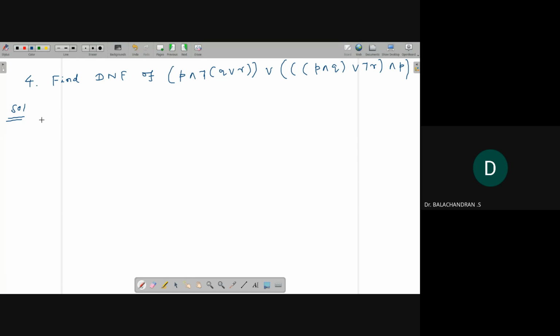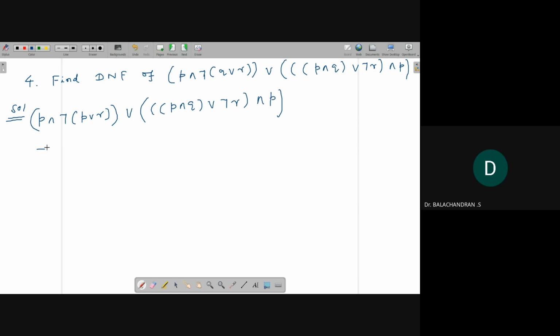So first I will write P and negation of P or, bracket, again a bracket, again a bracket, P and Q, or negation or, close this bracket here, and P, close this bracket here.